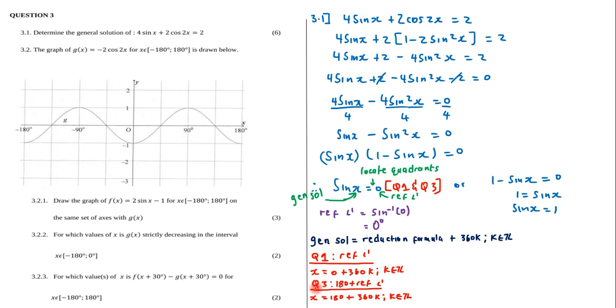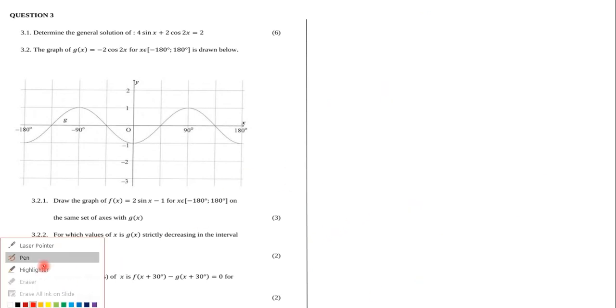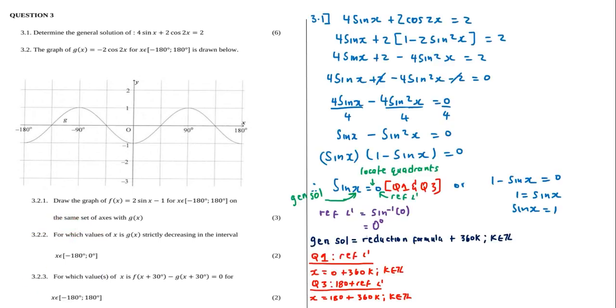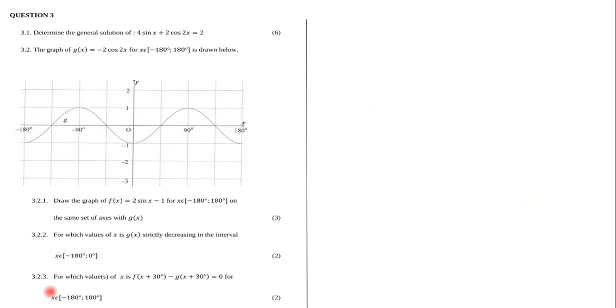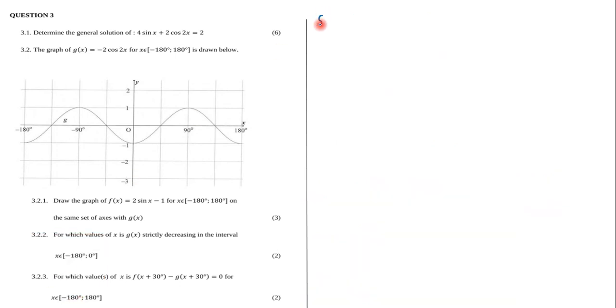Now let's look into the second equation, because remember we had two equations. When we look into the second equation, we have sine x equals 1. So the second equation is sine x equals 1.